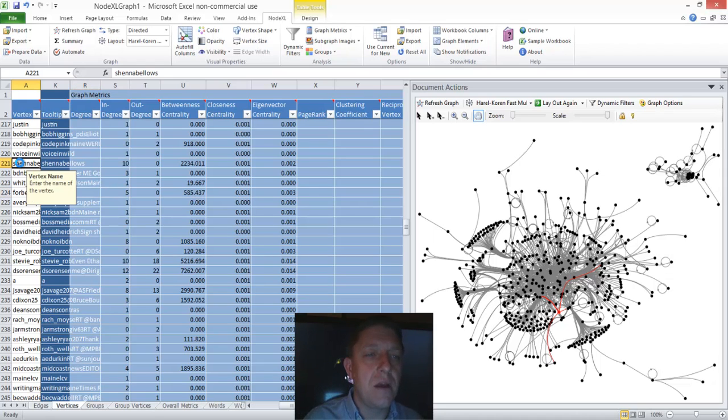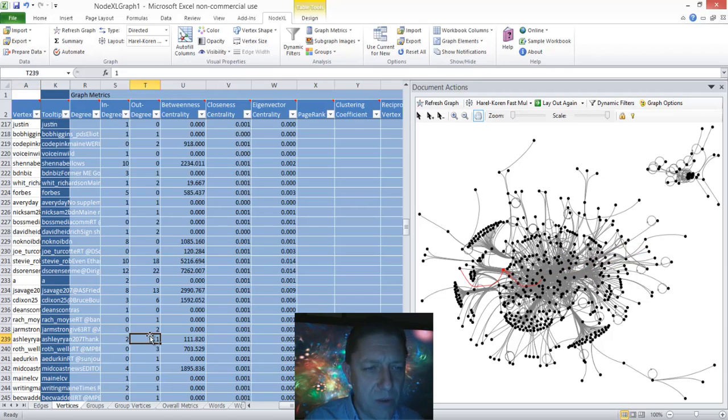Shenna Bellows, who is the outgoing head of the ACLU in Maine, just shows up. She's involved in Maine politics. She has an in degree of 10. She has an out degree of 0. So she's not really communicative in getting in touch with other people and referencing them, but she is referenced a whole lot.